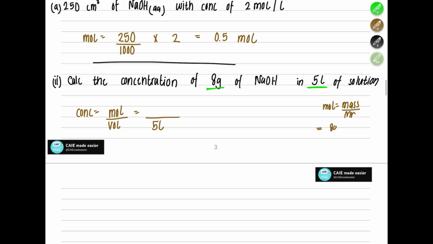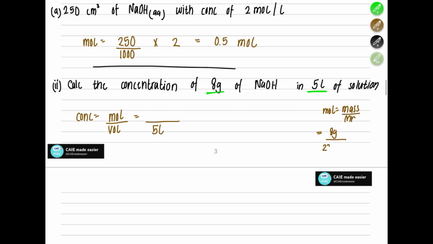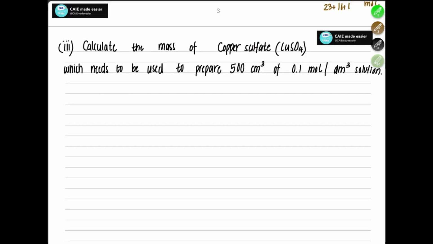Mass is 8 grams. What is the MR? MR is 23 plus 16 plus 1. This is going to be 8 divided by 40, which is 0.2 mole. Right? 0.2 divided by 5 liters, and you get 0.04 moles per liter.